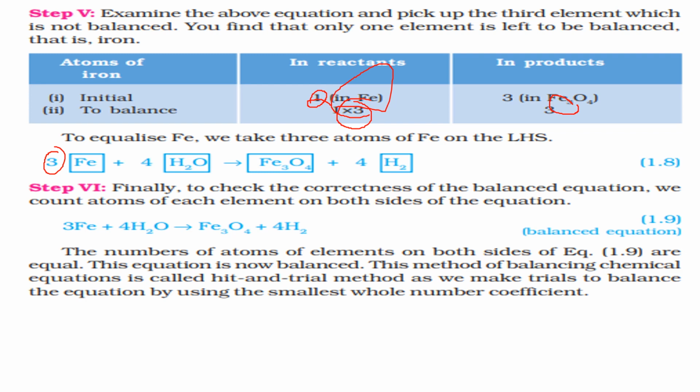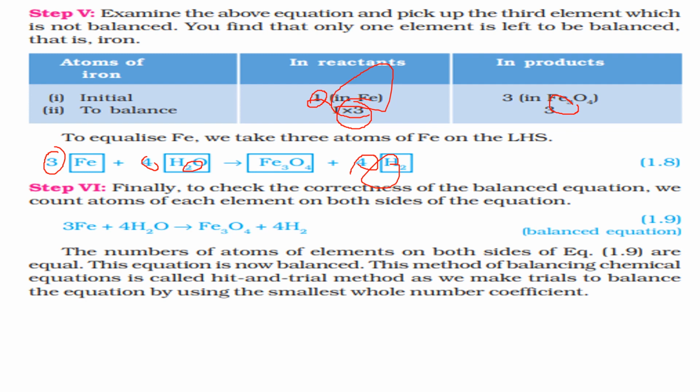Now the next step is to balance hydrogen. We have 2 hydrogen on the product side and 8 hydrogens, that is 4 and 2, which makes 8, on the LHS side or the reactant side. So we multiply by 4 on the product side. So that gives 4 into 2, 8.